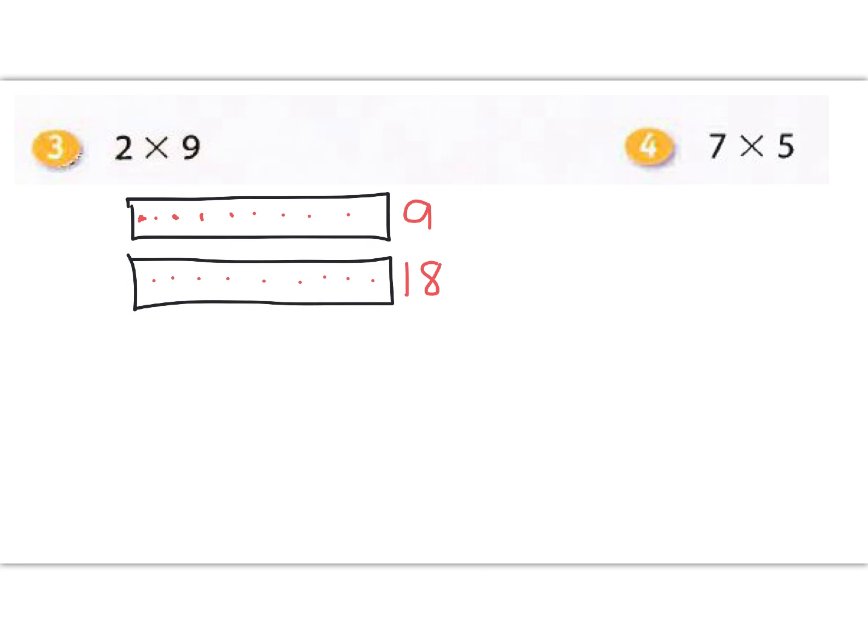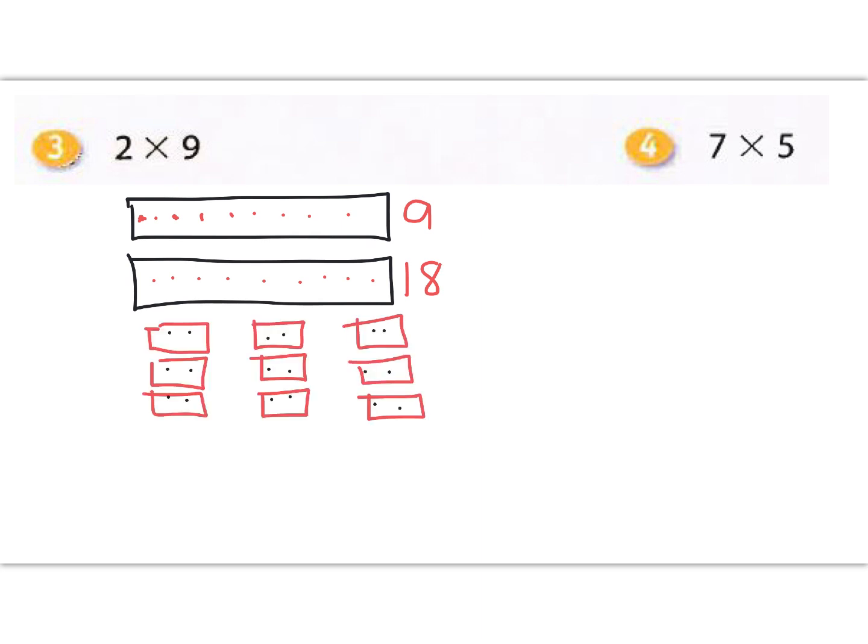Now, if you don't like counting by 9s at first, you could do 9 groups of 2 instead. Here we could skip count easily by 2s, 2, 4, 6, 8, 10, 12, 14, 16, 18. Same thing. We just drew it in a different way.